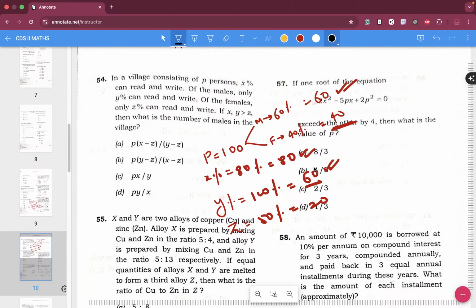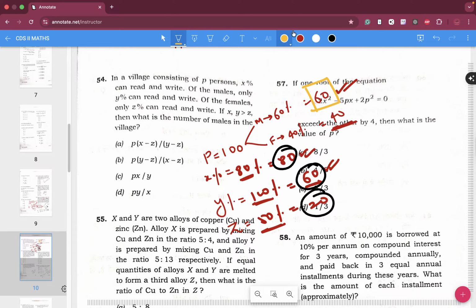So what we can see is 60 males and 20 females read and write, total 80 read and write. And the total population of the village is 100, out of which 80% (80 people) can read and write, 100% of males and 50% of females. Then they are asking what is the number of males in the village. So the number of males in the village is 60, right?